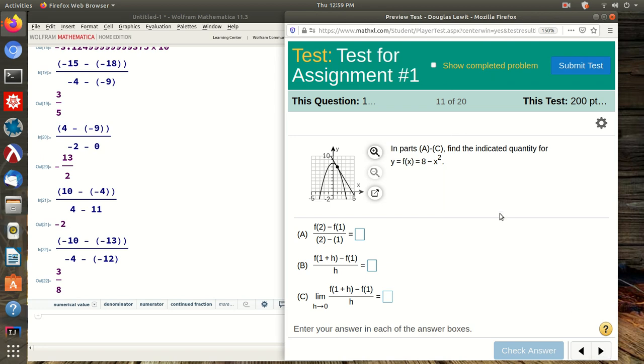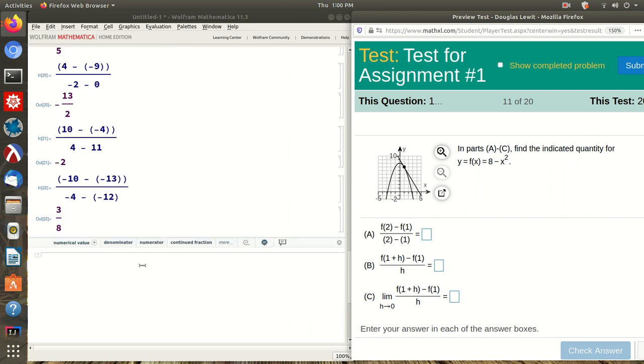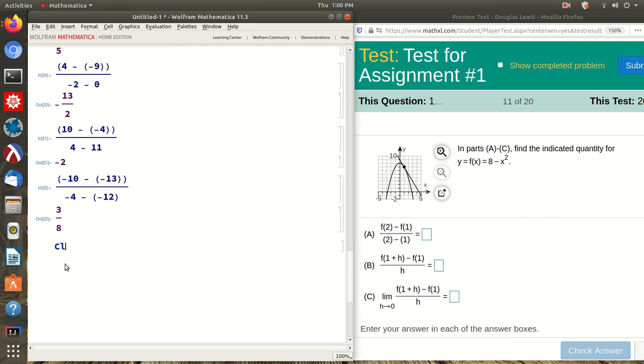Number 11. In parts A to C, find the indicated quantity for y equals f of x equals 8 minus x squared. Okay. So for this problem, let's clear f. f of x is equal to 8 minus x squared.